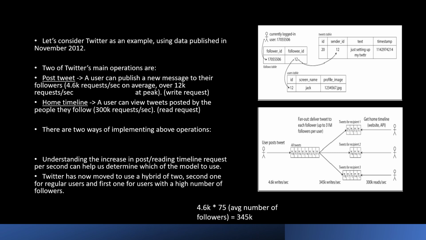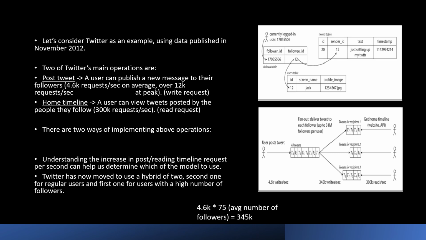So Twitter, understanding this rise in scale, suggested that we should use a different approach, that most of the work should now be done during the posting of the tweet itself, instead of the reading of the home timeline. Meaning to say, it should do more work during the write request itself instead of the read request.